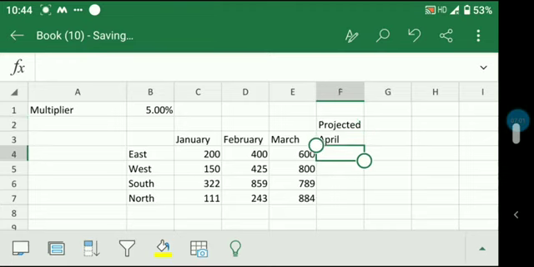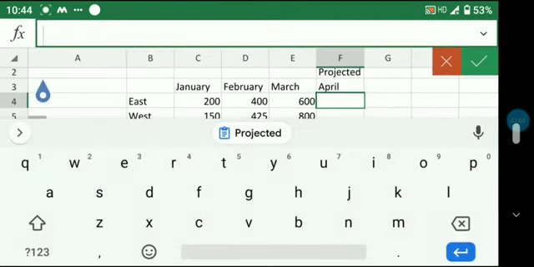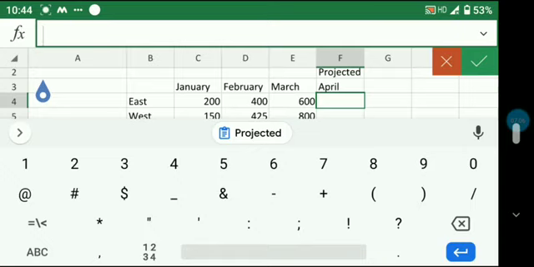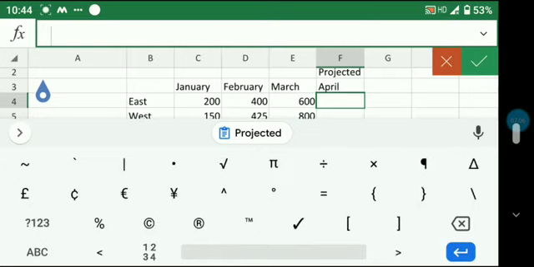So you select the April column. Whenever you are using any formula, in the particular cell where you want to find the calculation, you have to put the equals to symbol. As soon as you have clicked the equals to symbol, they have given a formula, that is the sales achieved in March.